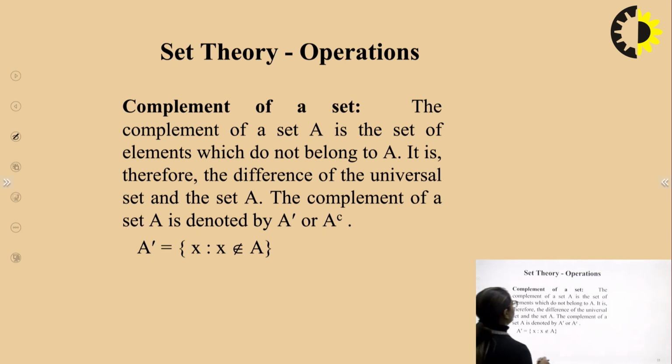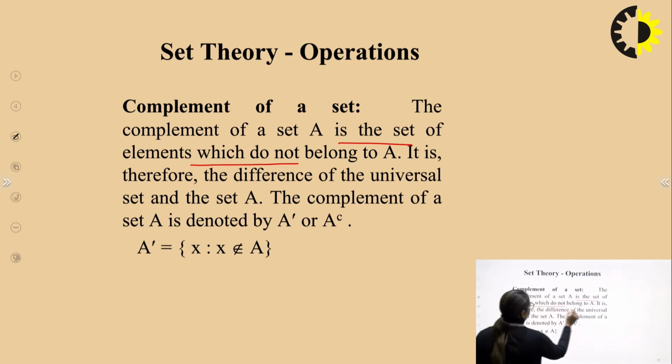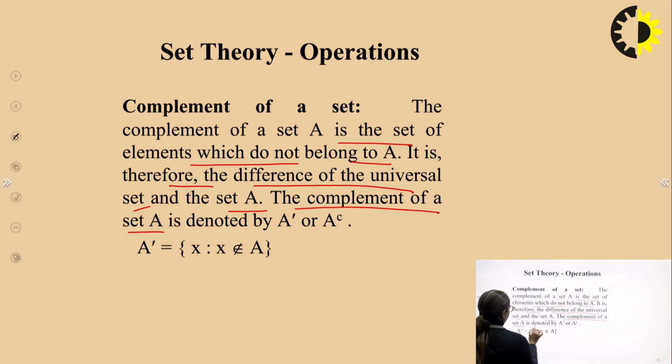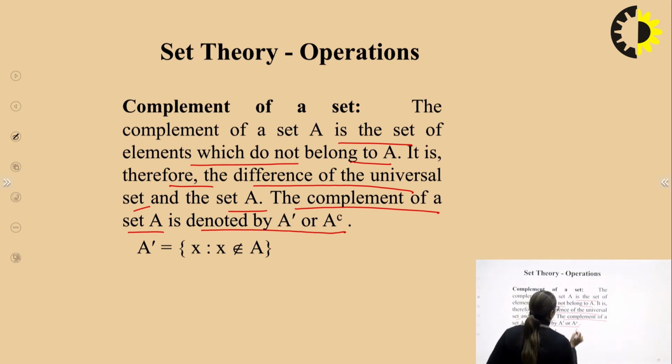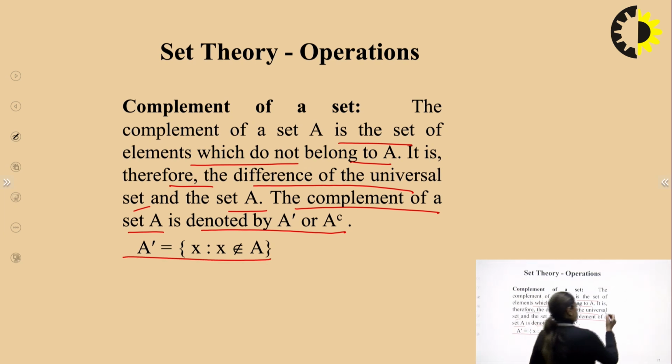Complement. The complement of set A is the set of the elements which do not belong to A. It is therefore the difference of the universal set and the set A, and the complement of A is denoted by A dash or A complement. That means A complement means X doesn't belong to A. You can see the example.